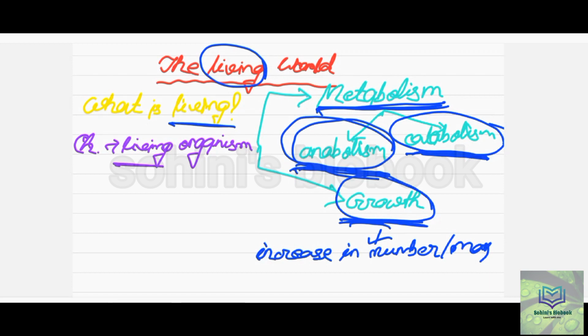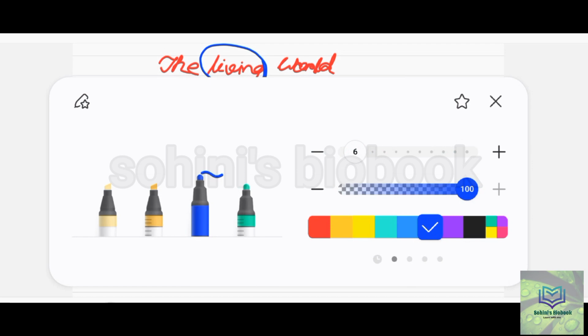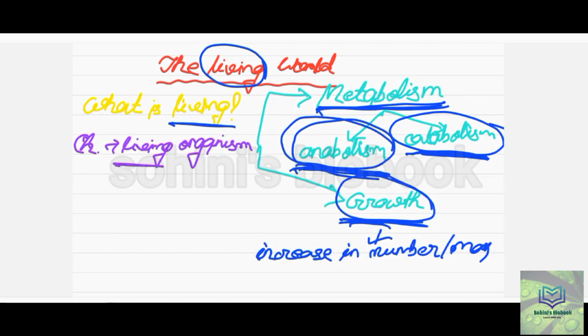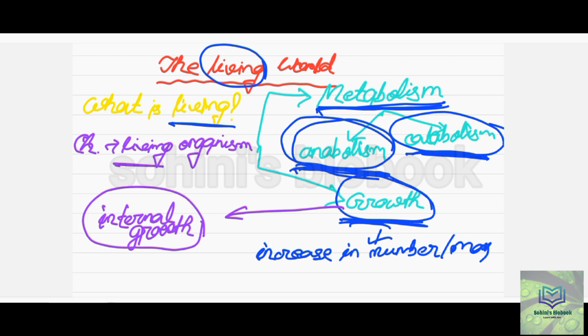So what is to be said perfectly? The perfect definition would be internal growth. That means growth should be developed by internal things. That means the cells in our body grow in number, they increase in their mass, and that is a permanent increase of the mass of a living one's body.